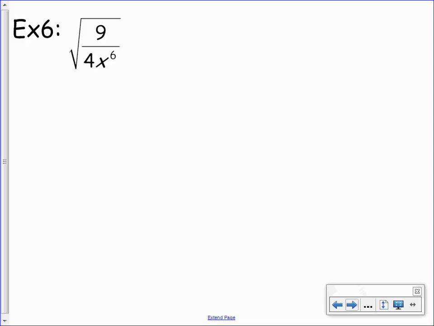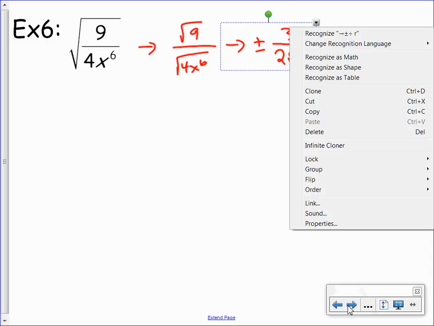2x to the third. Thank you. When it comes to taking the radical of a fraction, you could just separate the radical over 4x to the 6th, and then just take the radical of each term. So we already know square root of 9 is 3. Square root of 4x to the 6th is 2x cubed. Sorry, let me delete and try it again.